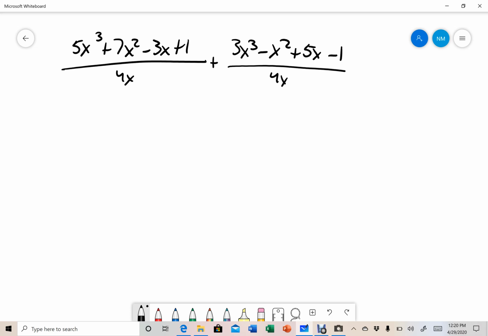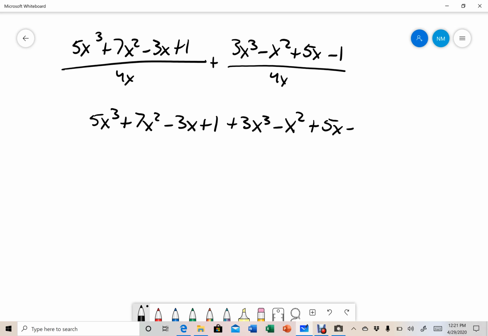Okay, now we would combine all of these together. So we're looking at 5x cubed plus 7x squared minus 3x plus 1 plus 3x cubed minus x squared plus 5x minus 1, okay? And all of this is over our common denominator of 4x, okay?